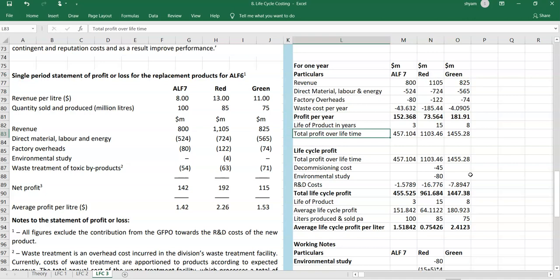And in the total profit over its lifetime also, green has scored a lot because it has 8 years of time. But where green really scored a lot is in terms of decommissioning and environmental study. Red also has higher cost.